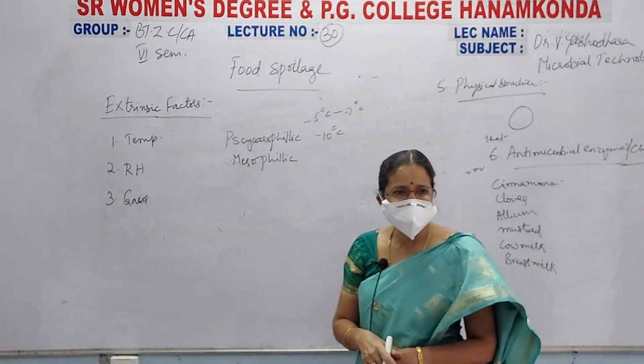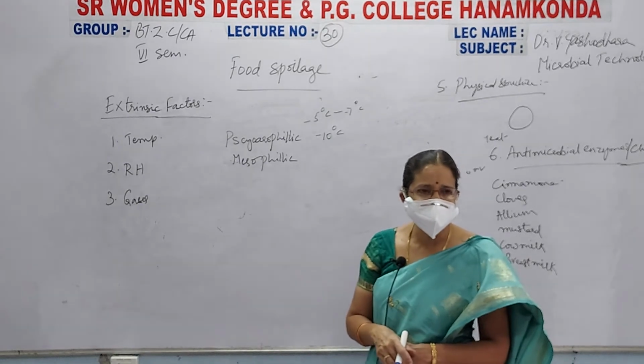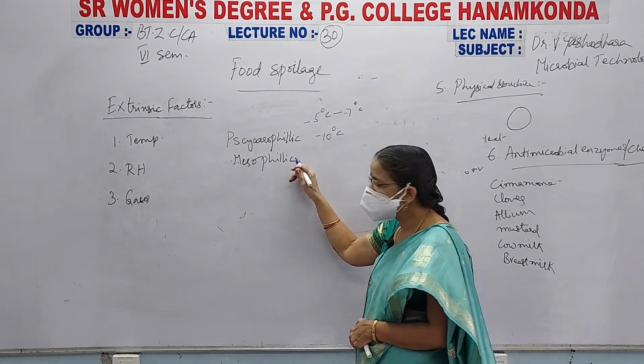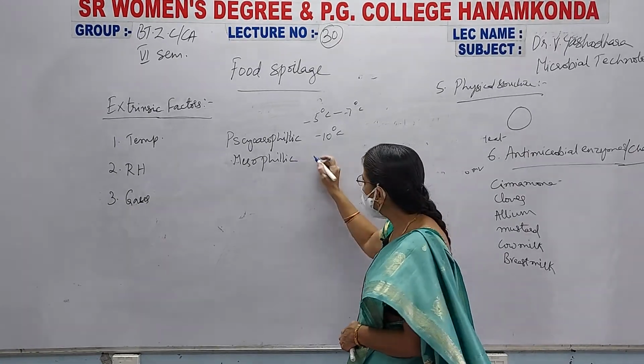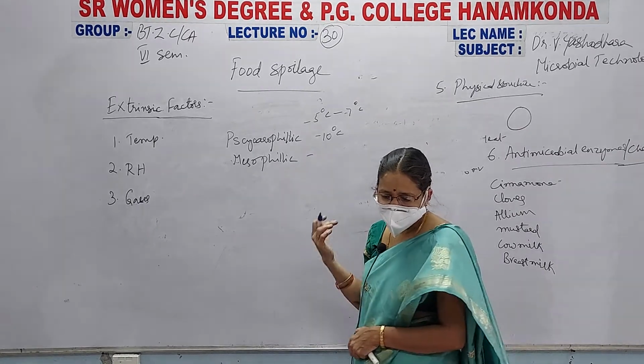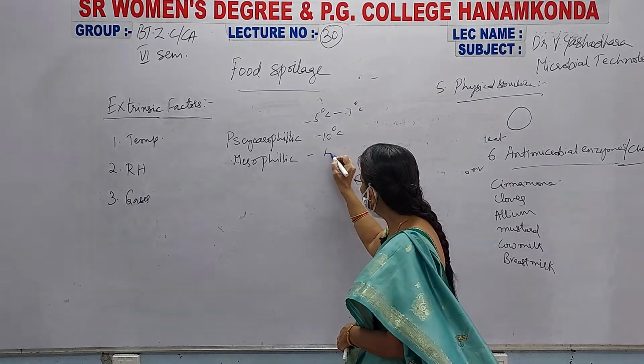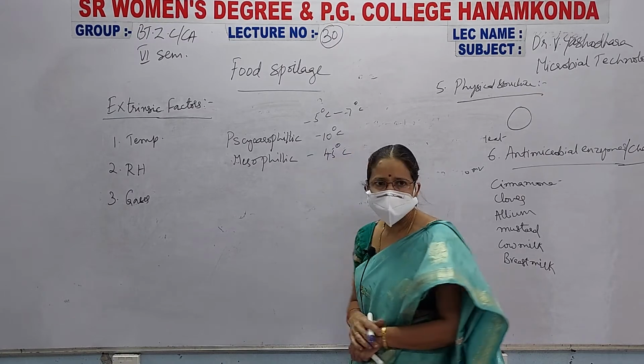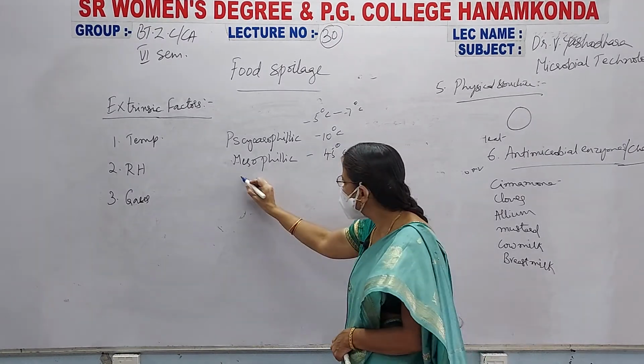They can grow in Arctic and Antarctic areas, and in Himalayan areas you can see psychrophiles. Next, mesophiles. These mesophiles can grow at up to 45 degrees centigrade. All of you know this. Next is thermophiles.